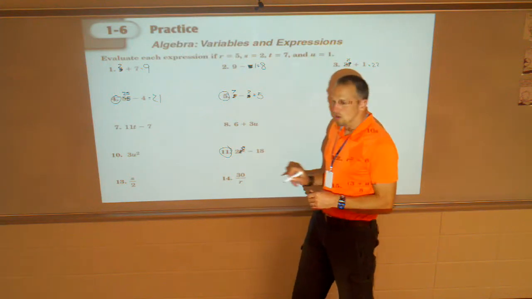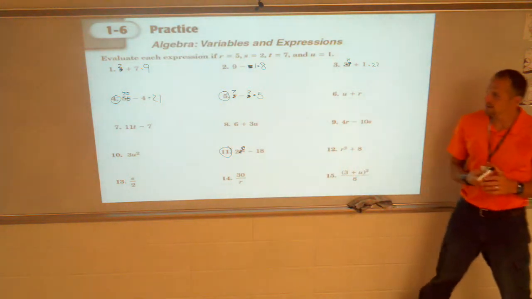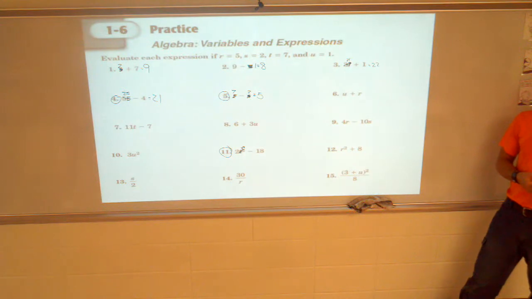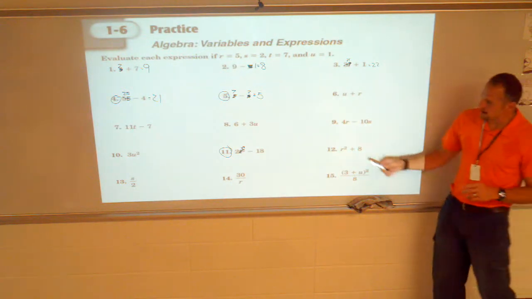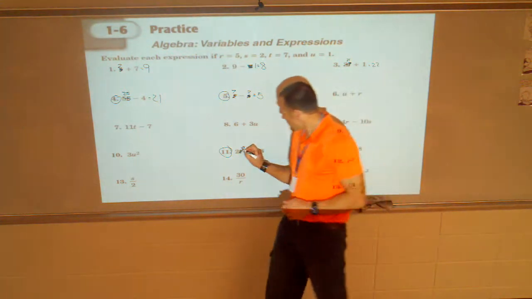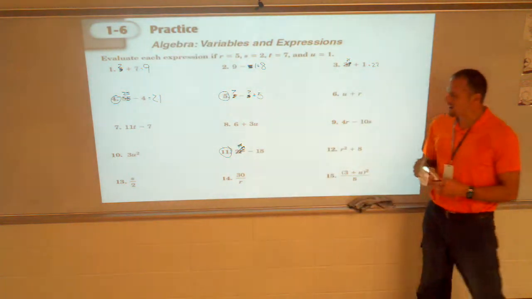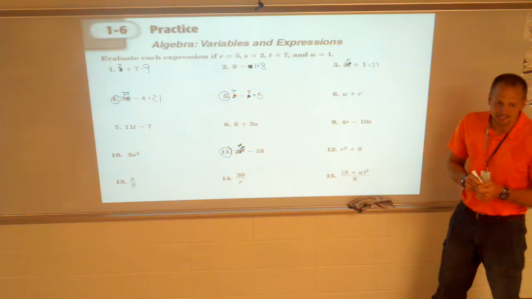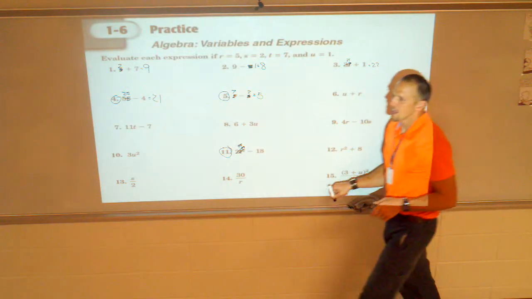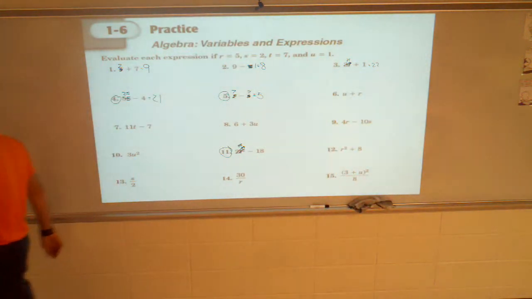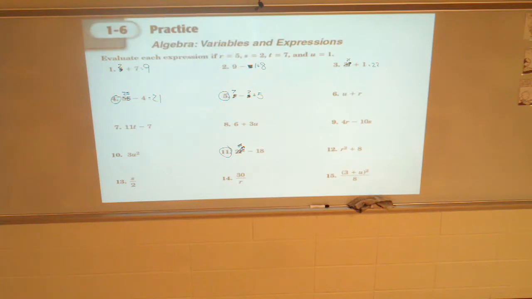Step 1, squaring your 7. Is there any multiply divide? Yes. 2 times 49 is? 98. Add, subtract, left to right. 98 minus 18 is? 80. Answer is 80.